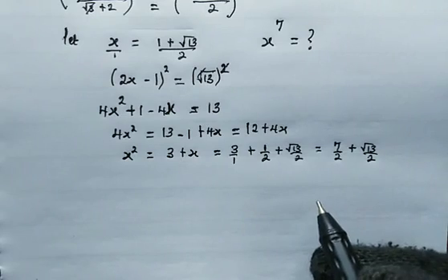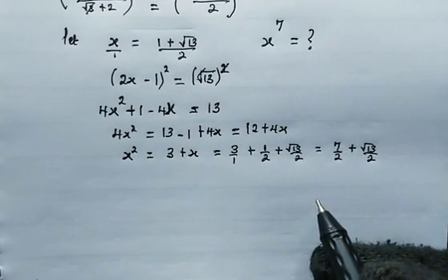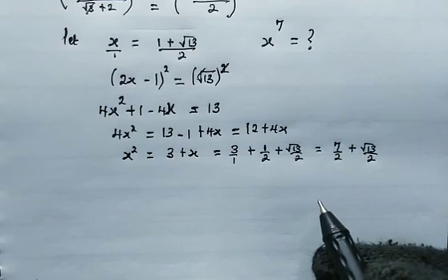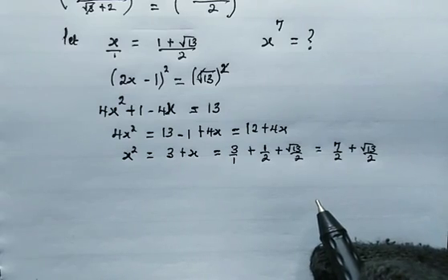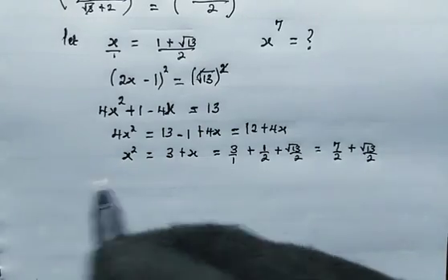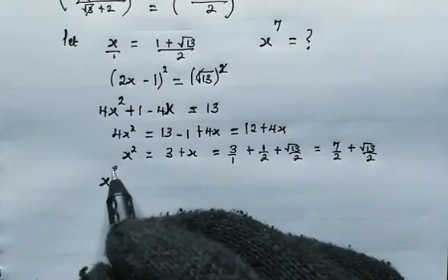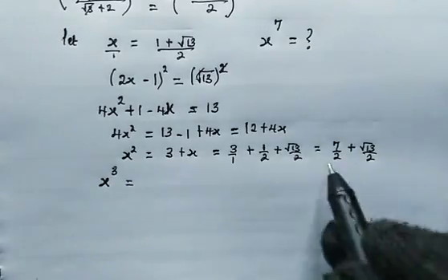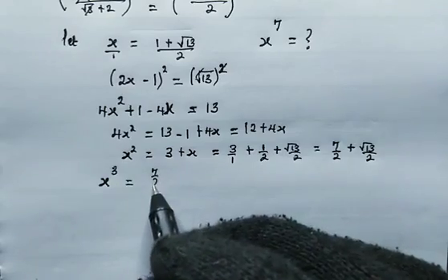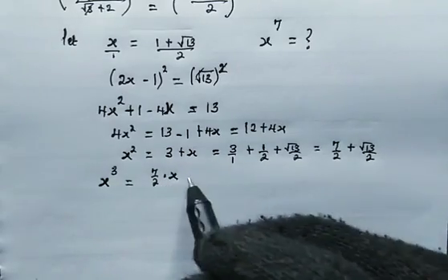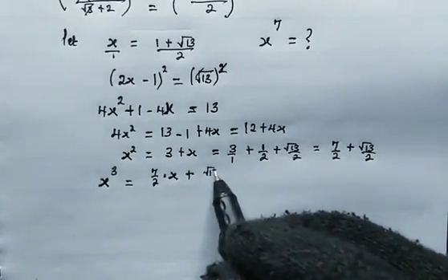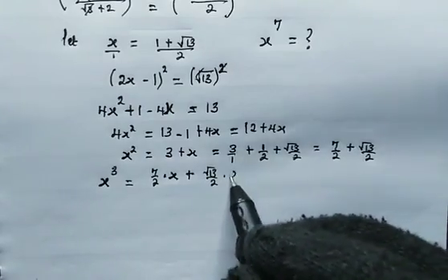Okay, what if you square both sides? That may not be the best way. So now let's find the third power of x by multiplying both sides by x. So we get x multiplied by x squared, which is x cubed. This is going to be 7 over 2 times x plus root 13 all over 2 times x.